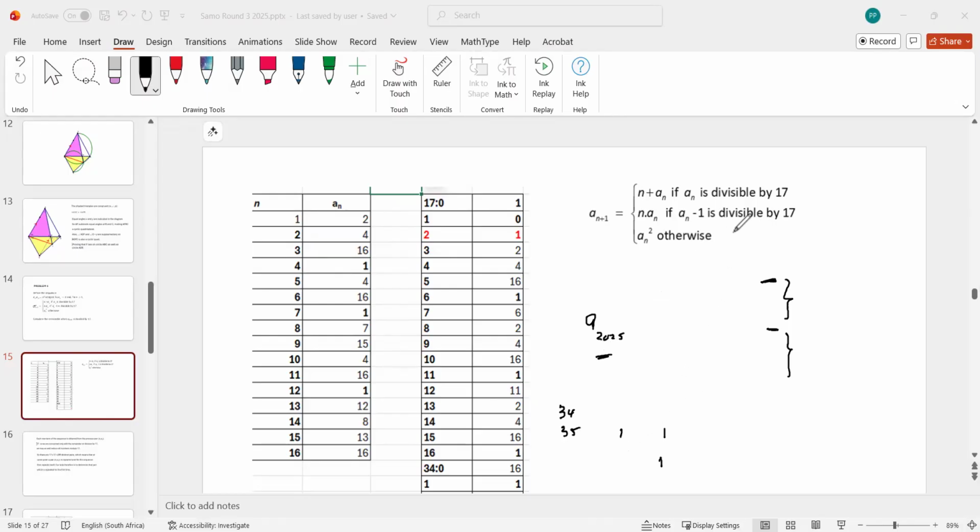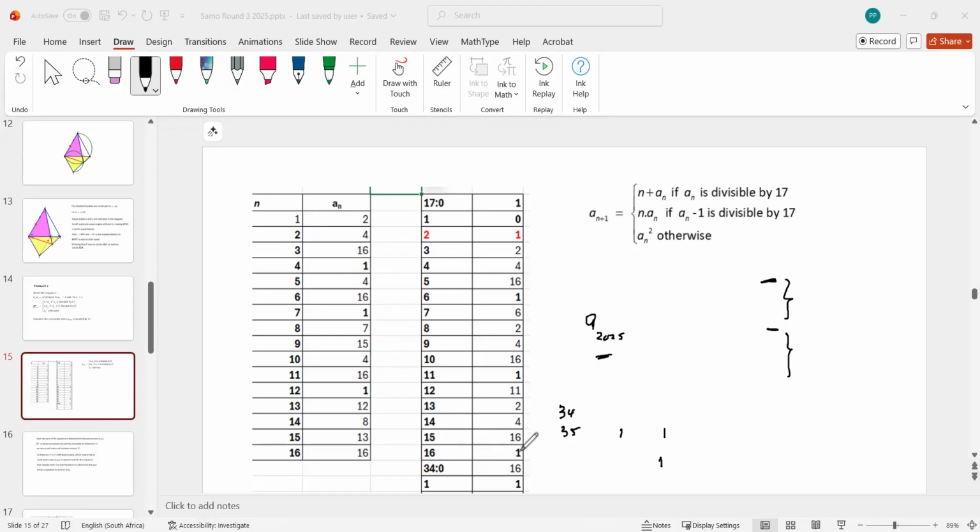But then also, 16 plus 1, you see the previous one, is divisible by 17. So the first rule kicks in.